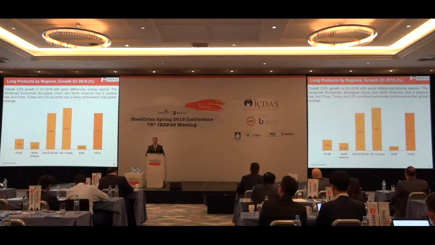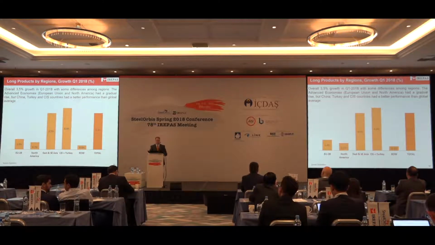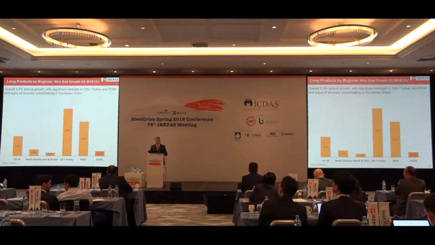Overall, as I said, long products consumption has a growth of 3.5%. We can observe that advanced economies, European Union and North America, have a gradual rise, but China, Turkey, and these countries have a better performance than the global average, with 3.5% and 4% growth during the first quarter. For wire rod, the growth was very poor, with only 0.3%, mainly because in East and Southeast Asia consumption only increased 0.2%.